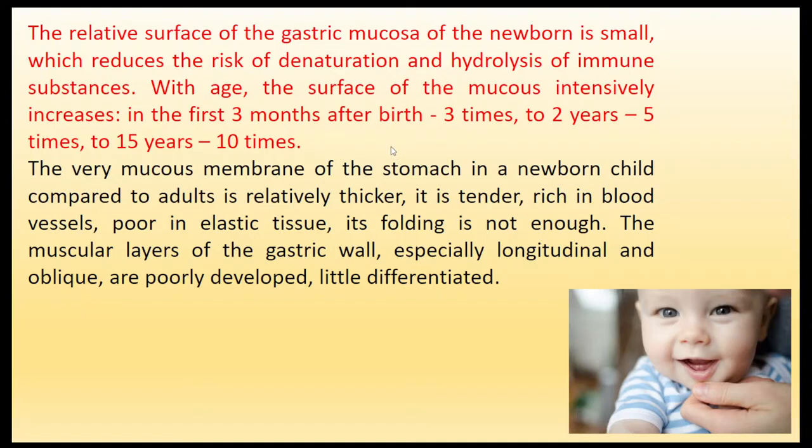The mucous membrane of the stomach in a newborn child compared to an adult is relatively thicker. It's tender and rich in blood vessels, poor in elastic tissue. Its folding is not enough. The muscular layer of the gastric wall, especially longitudinal and oblique, is poorly developed, little differentiated.